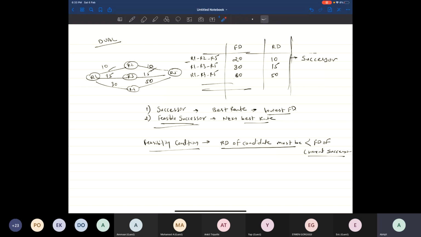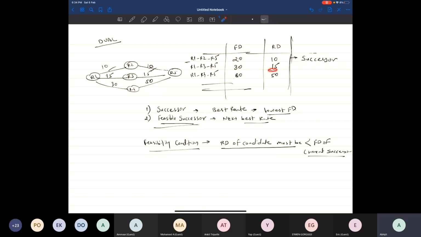In our case, who is the current successor? This route, right? And who are willing to become feasible successor? Both of these routes. So for the second route to become feasible successor, the RD of that route must be less than the FD of the current successor. Does it satisfy the condition?